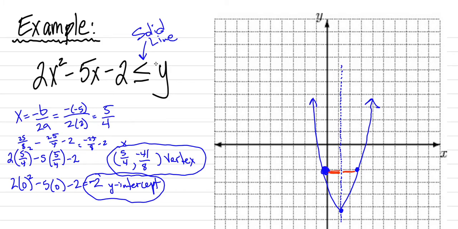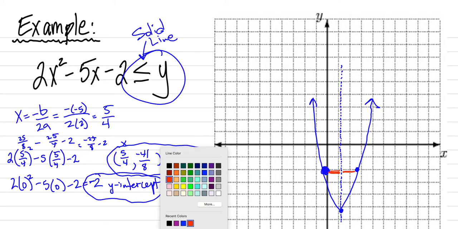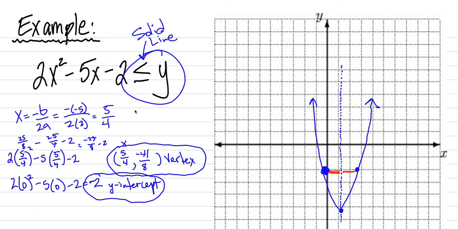Backwards, above. Perfect. So this says y is greater than because you read from the y. The way you said that was perfect. You read from the y, so this says y is greater than because the big end is on the y. Greater than would mean shade above. If y is less than, you shade below.